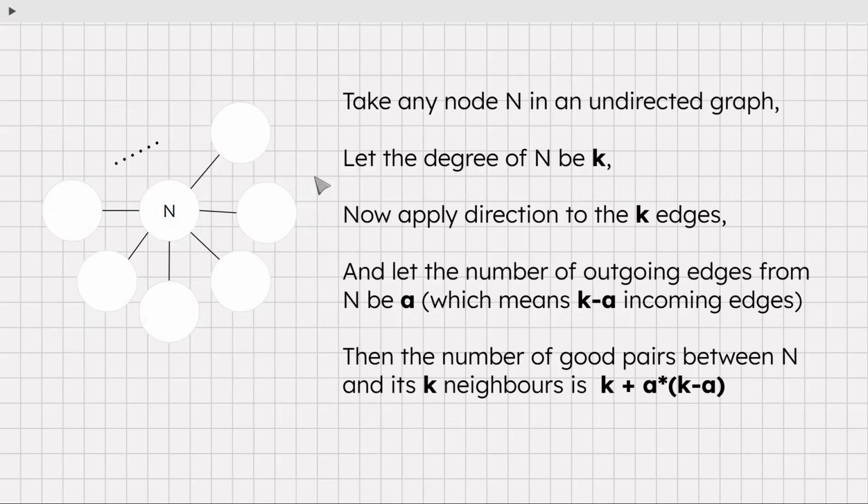Now in this case, we are not exactly restricted to one incoming neighbor and one outgoing neighbor. We have a outgoing neighbors and k minus a incoming neighbors.